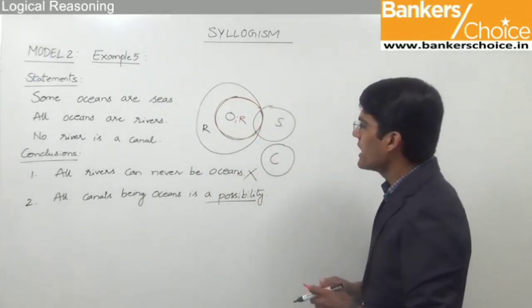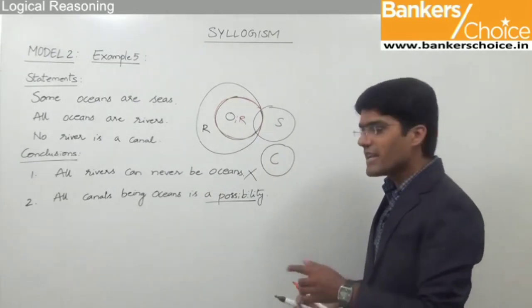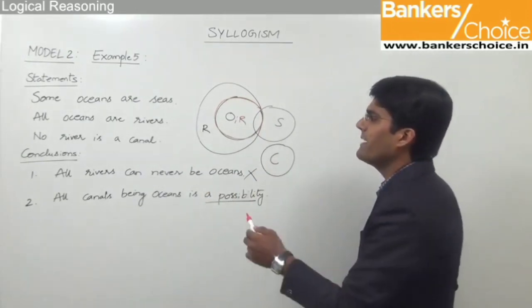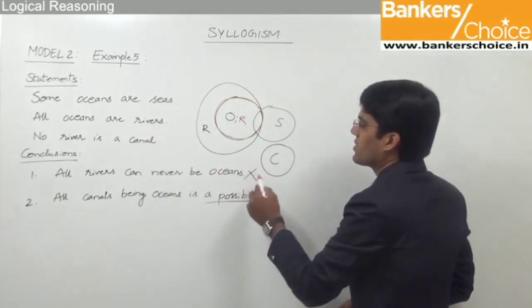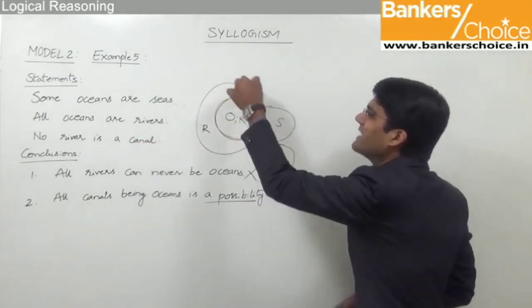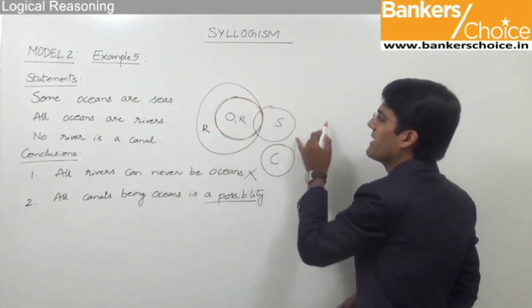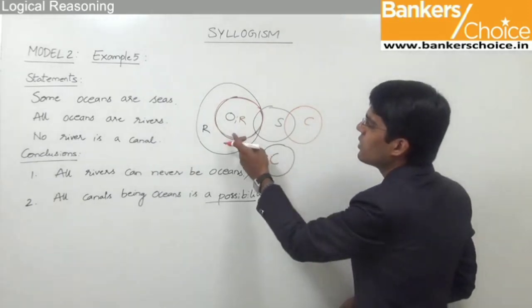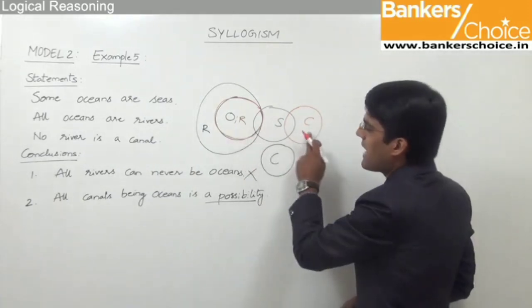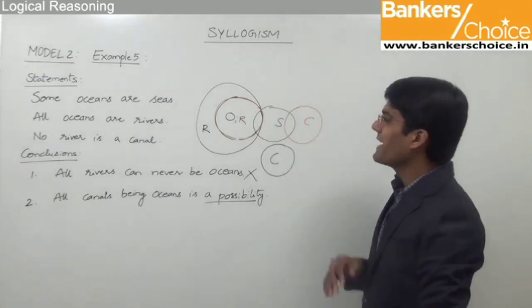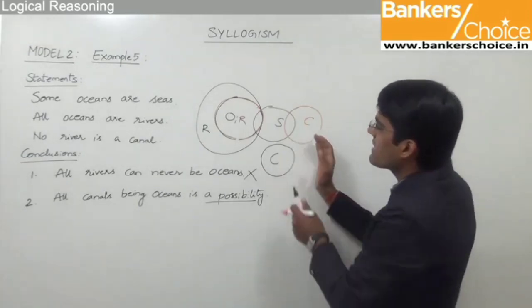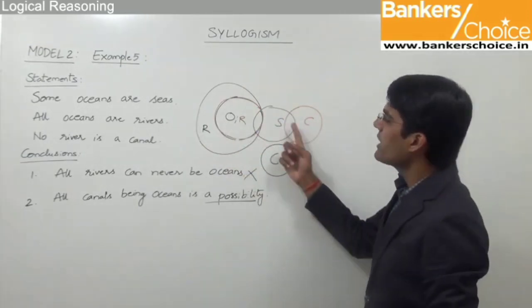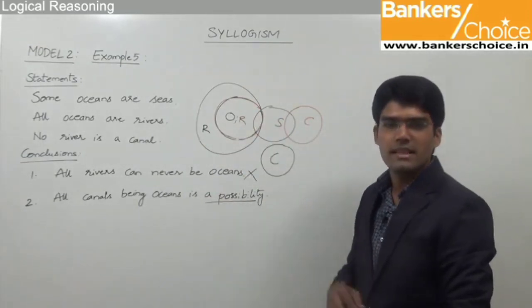Now if we try to draw canals in various cases and check whether this is true or not, we find that no river is a canal. So canals can never come inside the rivers. It must always be outside rivers. So if we take canals anywhere else also, we find that there is no overlapping between rivers and canals. So from this we can understand that since canals cannot come inside the rivers, all canals being oceans is never possible.